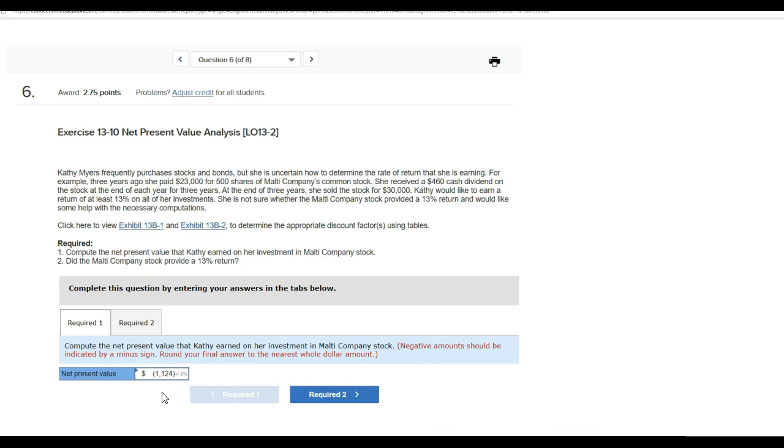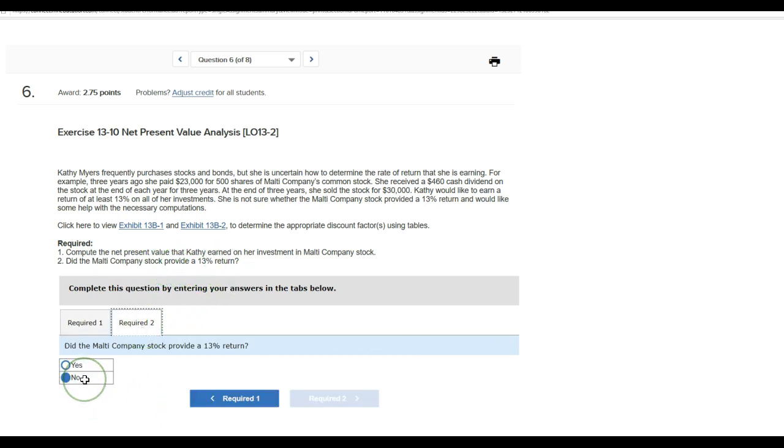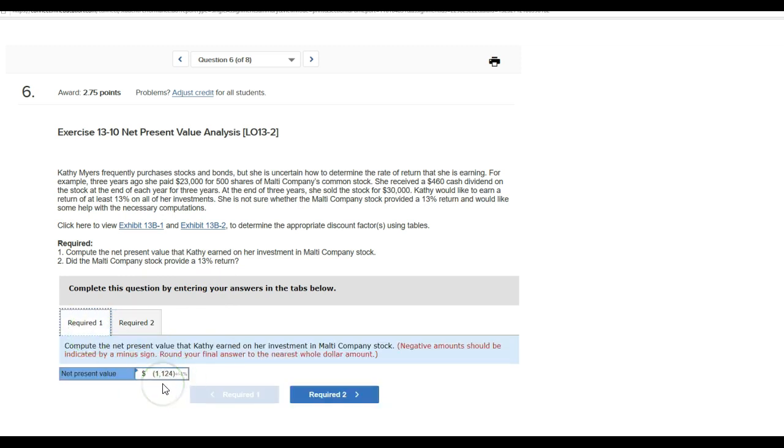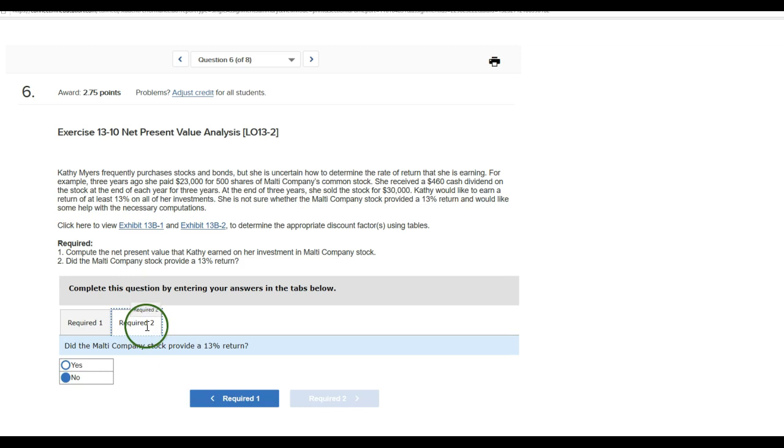So this investment, if you're trying to earn 13%, and the net present value is a negative number, in this case negative $1,124, the answer to 2, did the Malta Company stock provide a 13% return? The answer is no, because the net present value is negative. If the net present value would have been positive, the answer would have been yes. So that's how to work this problem.